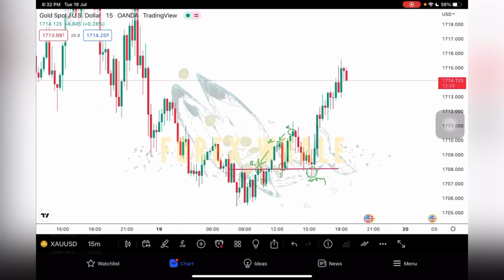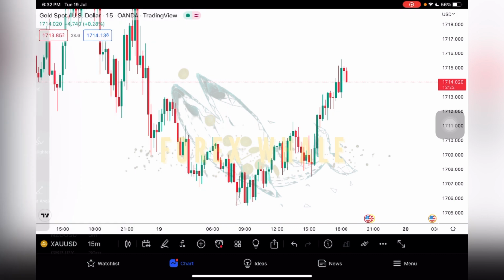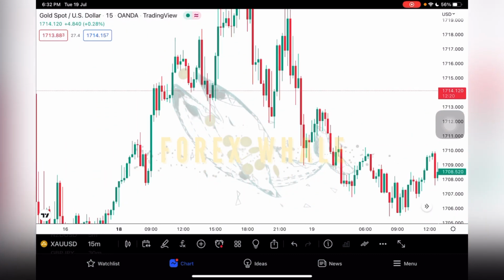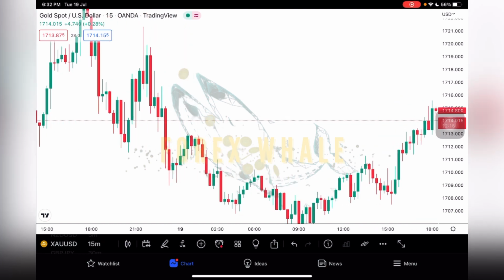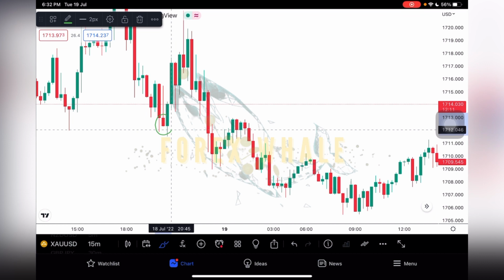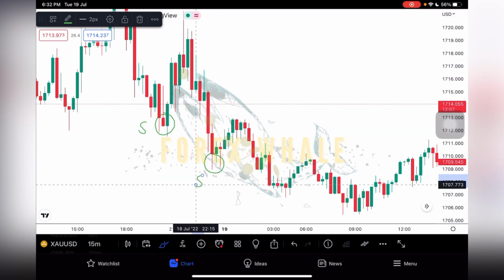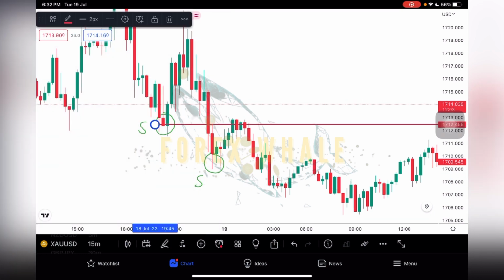So now let's take a look at an example of an SBR. So here you can see that there is this level of support. Okay, this is your support, and then this is your new support. So what you were looking for is a sell-off at this area.